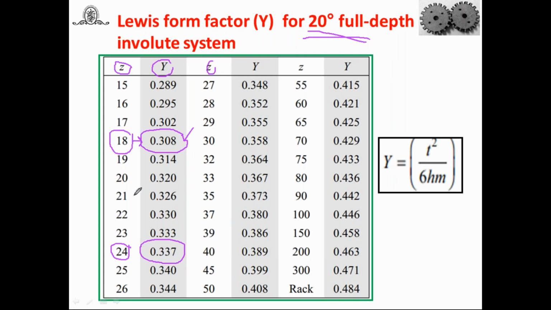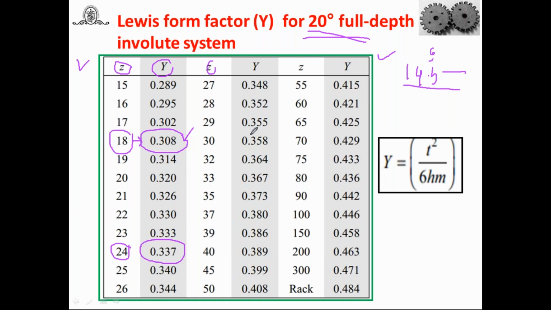So what you have to do? You have to find out the Lewis form factor for the pinion as well as the gear. I will explain that later on. Now let us see. All these values are given in the table. Similarly, for the 14.5 degree full depth involute system there is another chart available in the data book.